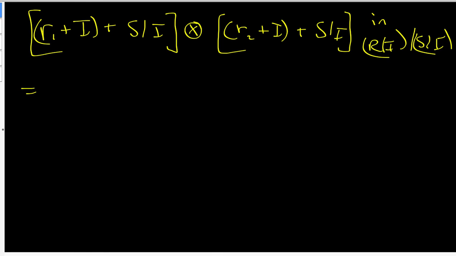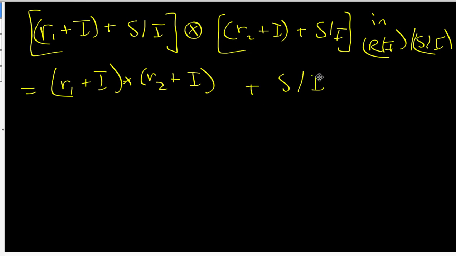Well, coset multiplication in a quotient ring is defined by multiplying the two coset representatives together. So we're going to have r1 plus I times r2 plus I plus our ideal S mod I.